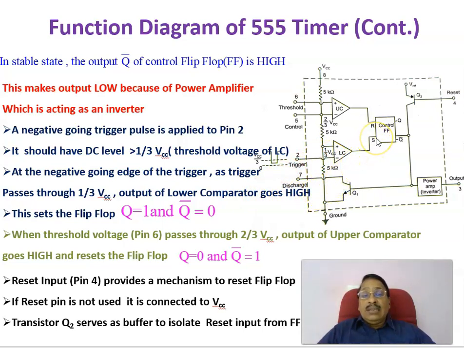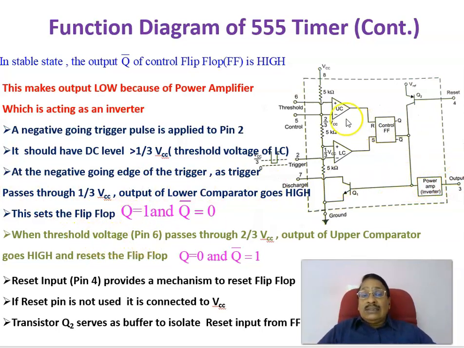As the set pin is high, Q will become 1 and Q bar will become 0. Since Q bar is low and this is an inverter, the output will become high.